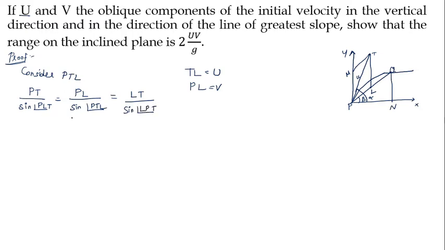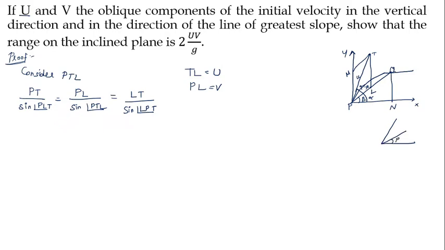Now we are going to find the values of PT, PL, LT and PLT, PTL, LPT. So consider the triangle PLT. This is our alpha. We know that TPQ, or else TPL, we can say this is alpha minus beta, right? We know the direction is PT, L and Q, right?